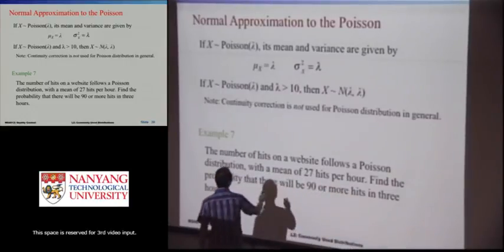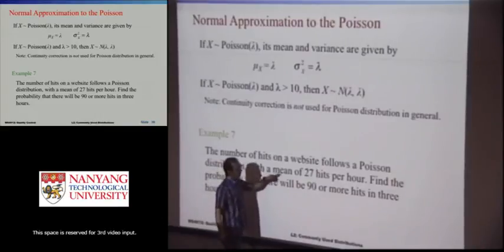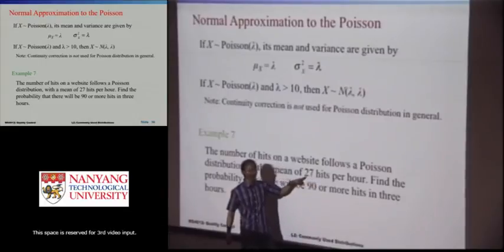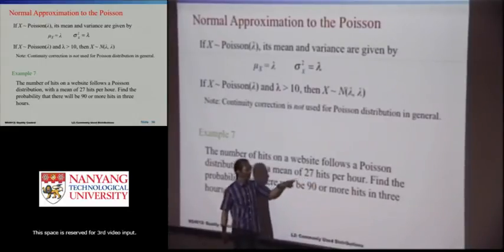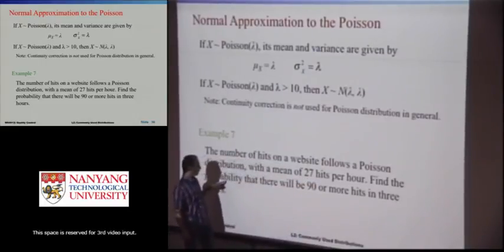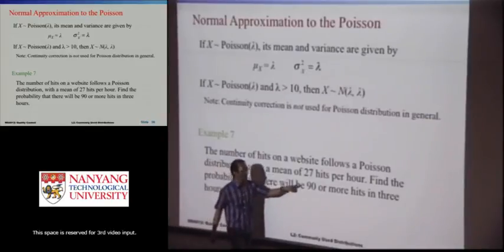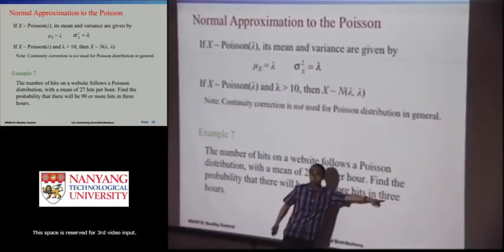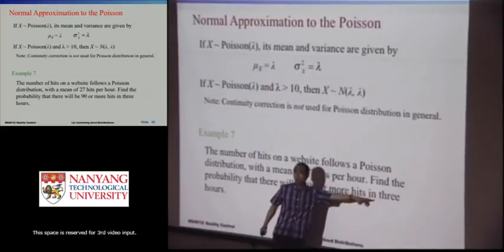They said the average in 1 hour is 27. And they ask the probability that there will be 90 or more hits in 3 hours. In 3 hours, not in 1 hour.